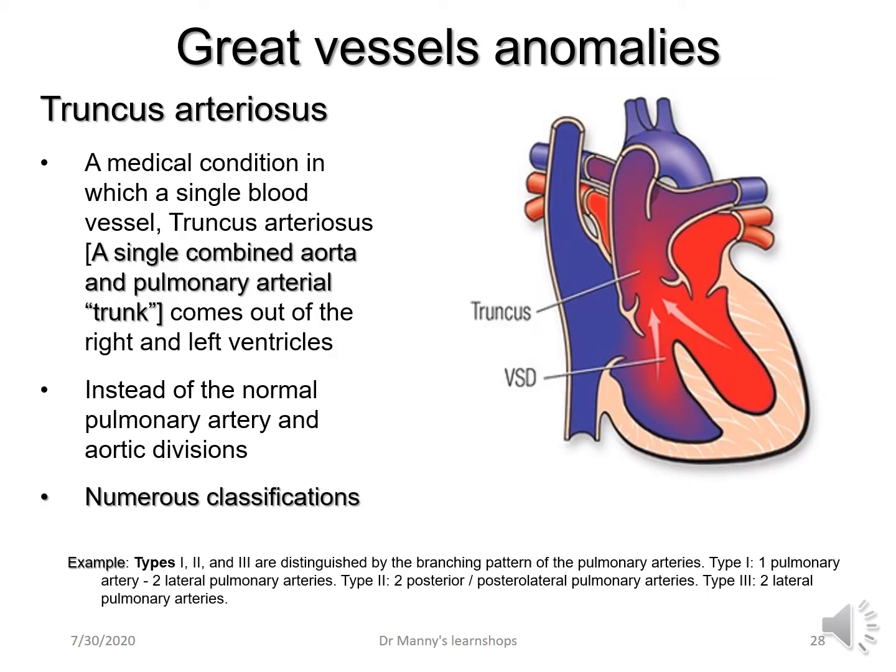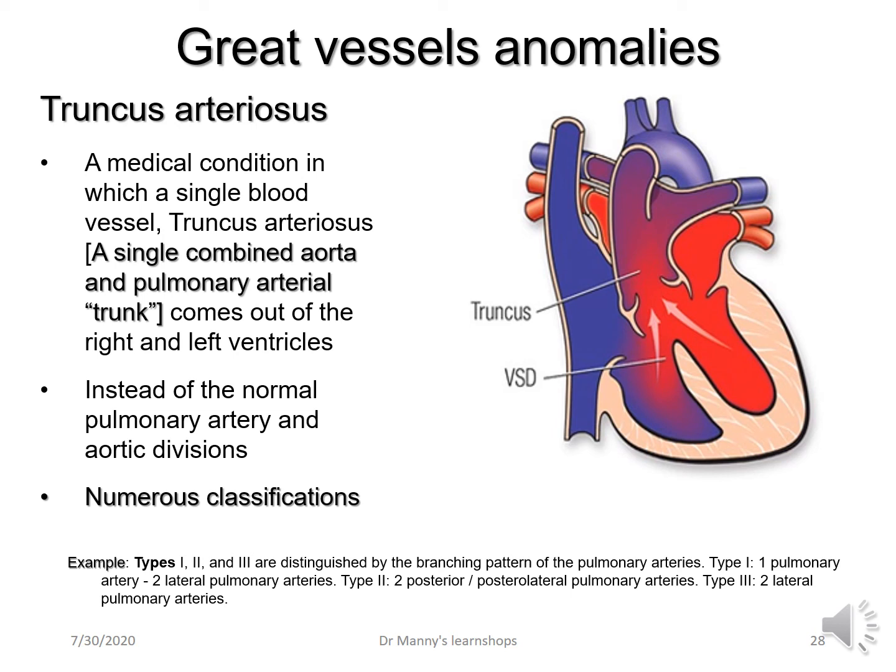Then you've got other anomalies related to the great vessels, such as truncus arteriosus, and there are numerous different classifications. I'm not going through the classifications. However, truncus arteriosus is a medical condition in which a single blood vessel, the truncus arteriosus, is a single combined aorta and pulmonary arterial trunk. Embryonically, they didn't separate into the aorta and the pulmonary artery.